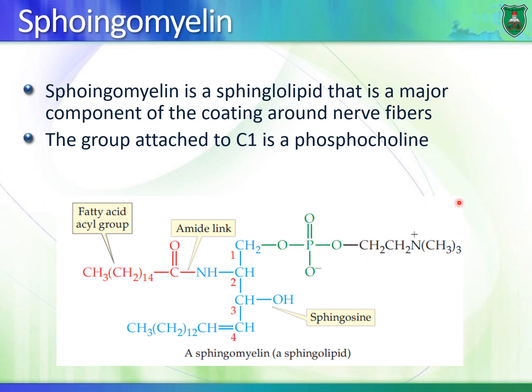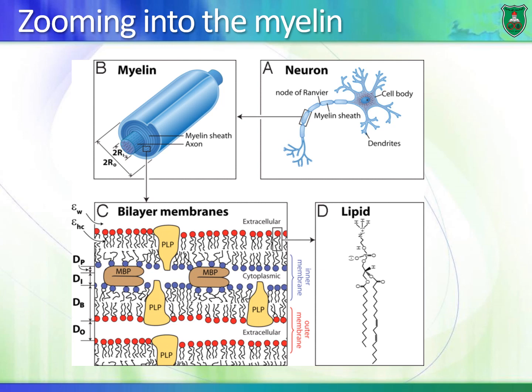This is phosphocholine right here. Okay, so this is sphingomyelin, which basically forms the myelin sheath that is present in the central nervous system, protecting our neurons. Okay, so that's how it looks.